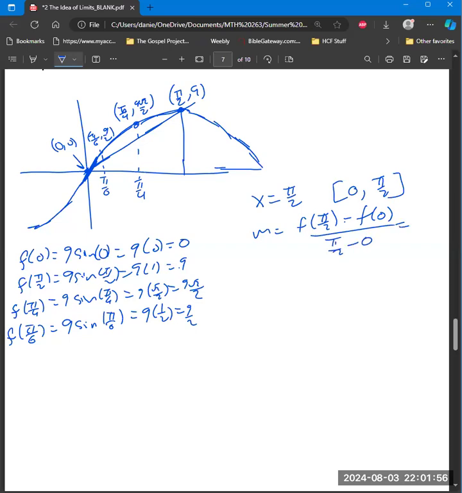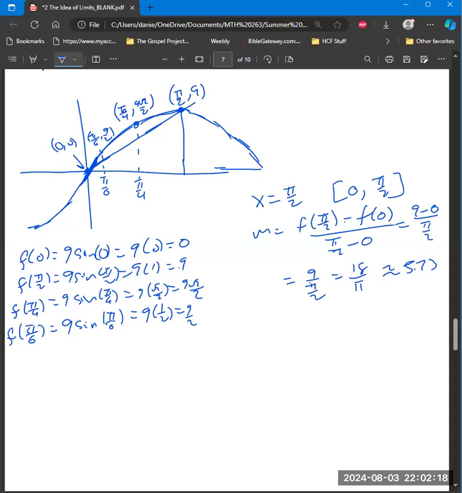That's going to give us 9 minus 0 over pi over 2, which is 9 over pi over 2, which is 18 over pi, which is about 5.73.